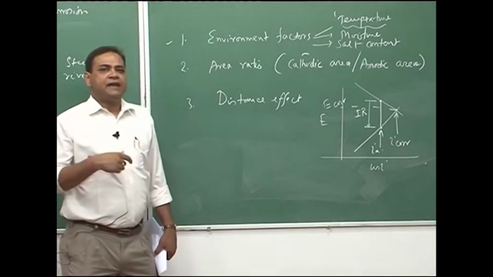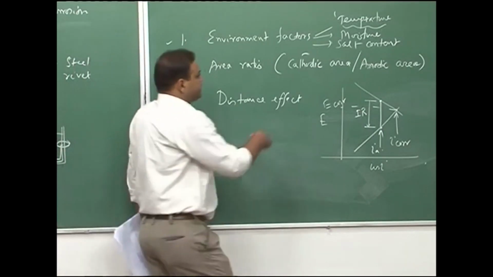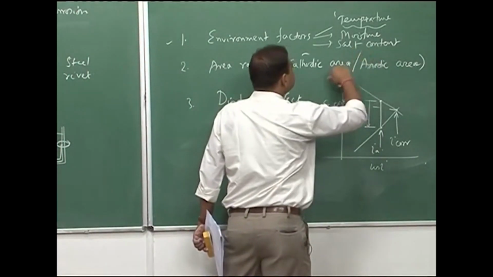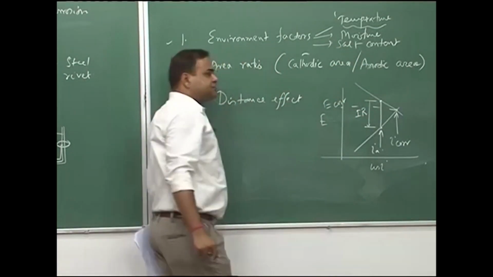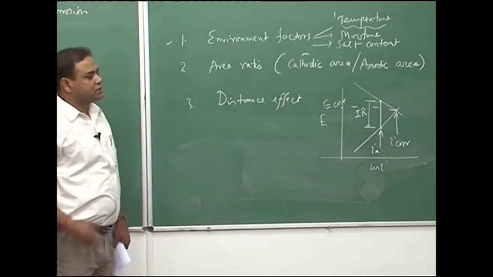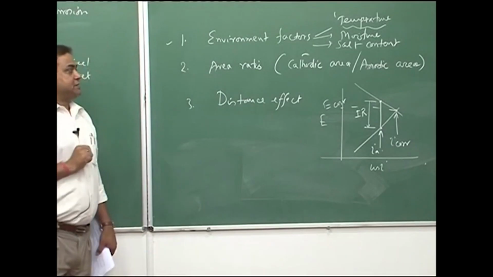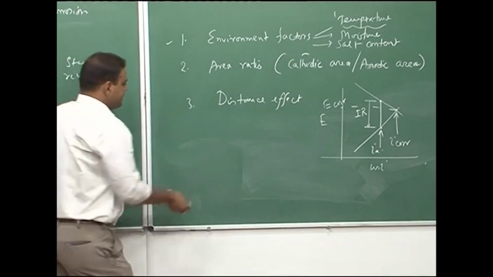So, the corrosion rate has also decreased. So, the galvanic effect will also be less if we have less salt or moisture, or if the electrolyte is highly resistant.